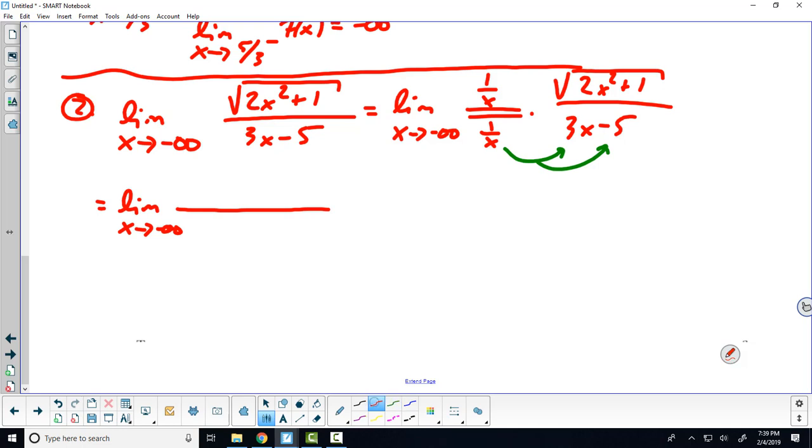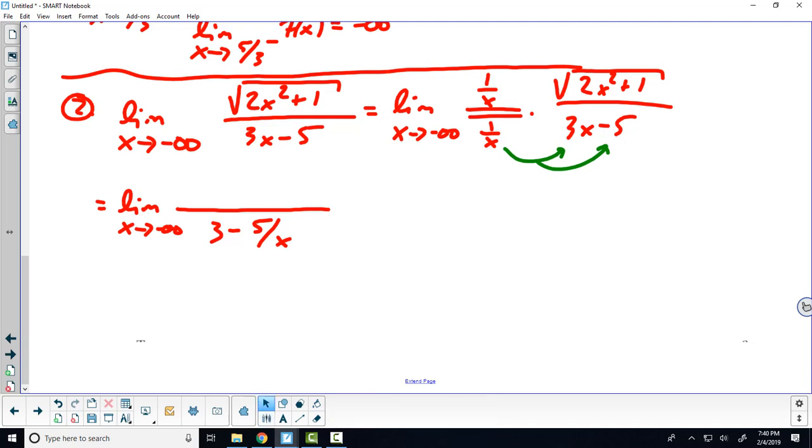Does everyone see that that gives me 3 minus 5 over x? Everyone okay with that? Give me thumbs up, thumbs down, thumbs sideways. You don't have to feel good about the whole thing, I'm just talking about this step right here. But let me know if you're not feeling so good. I'm going to multiply this 1 over x to the entire denominator, so I distribute 1 over x to each term.